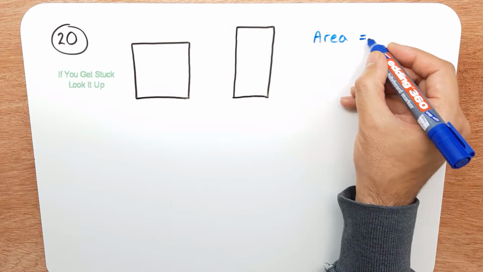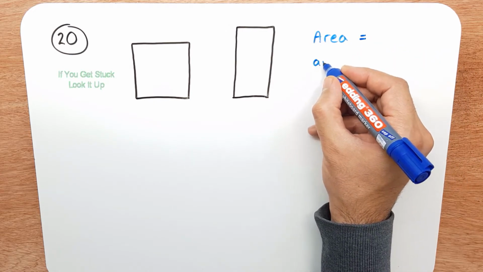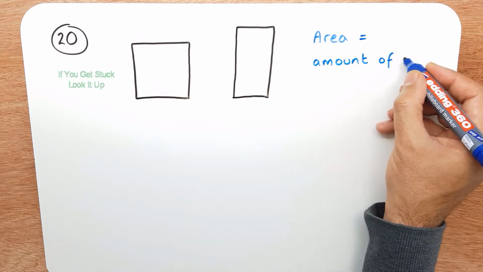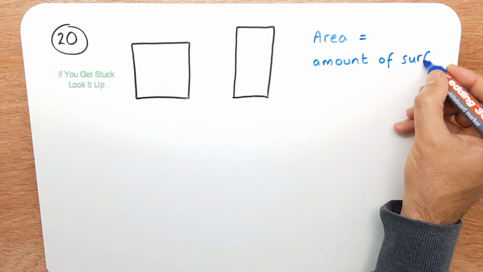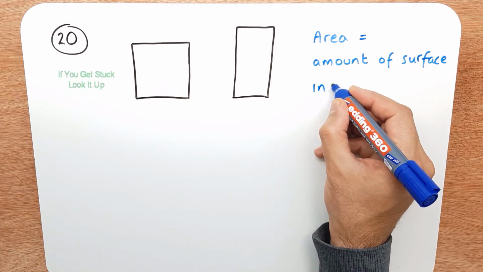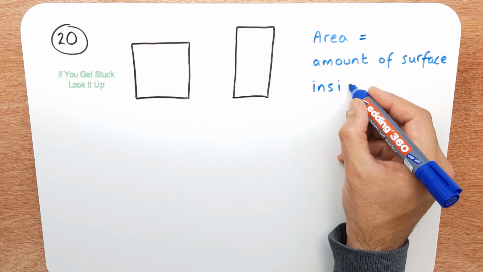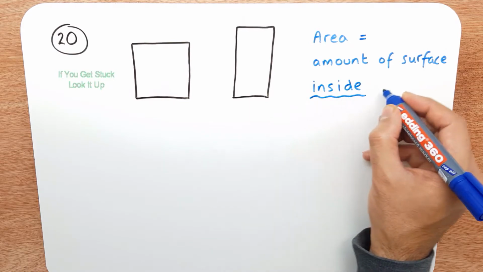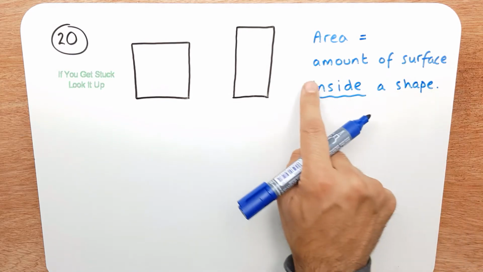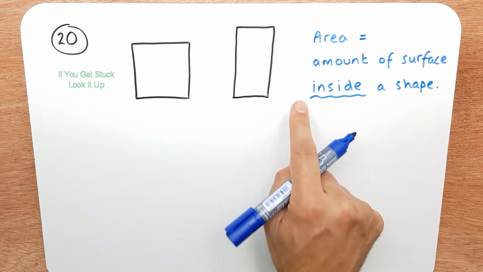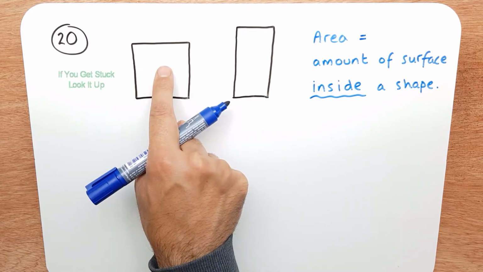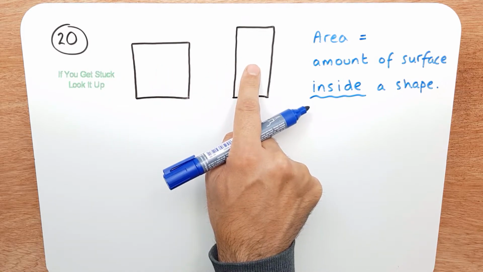Area is the amount of surface inside a shape. Try to learn that. So it's the bit inside. So we're going to compare the area of that and work out the difference.